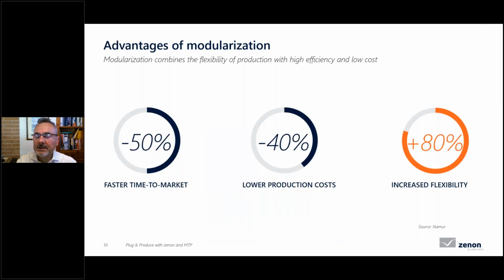According to this concept, Namur, an association we will see later on, states that we have a sensible reduction of time to market by 50%, reduction of production cost by 40%, but very important is the increase of flexibility, as you can see here, 80% more in flexibility.